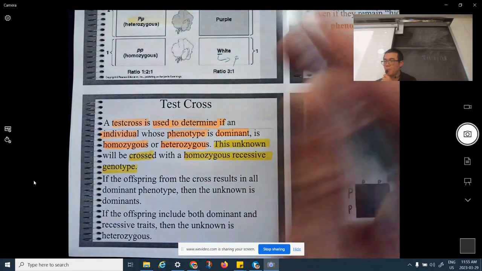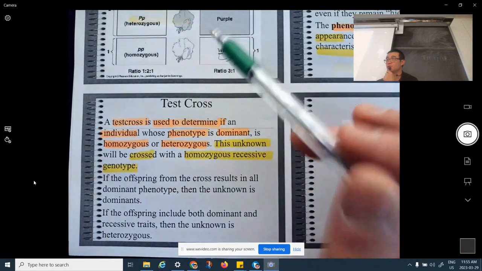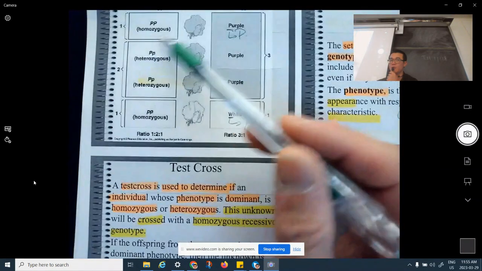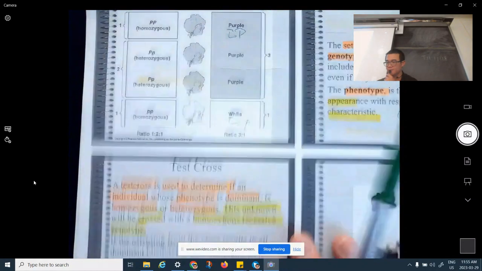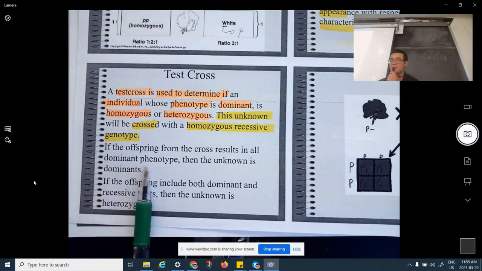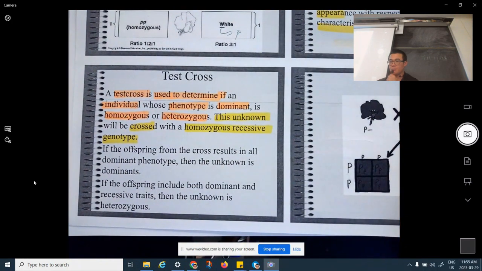Now, if the purple flower plant that you don't know about was a homozygous plant, which means both uppercase P, then all the offspring will be dominant, will also be purple flower.